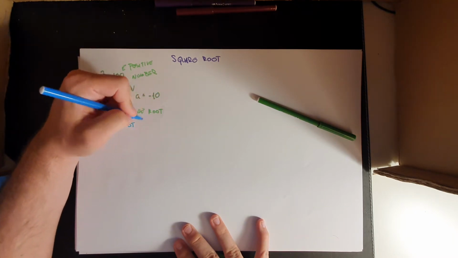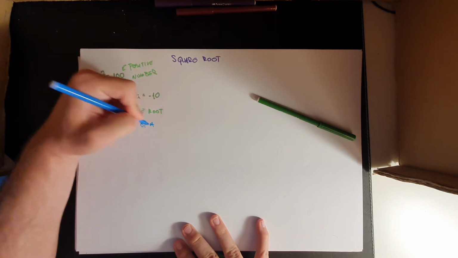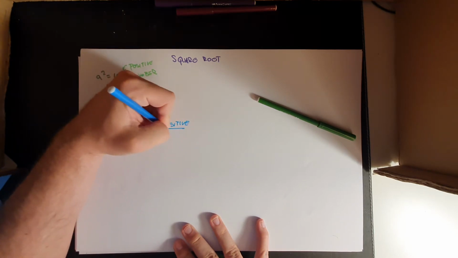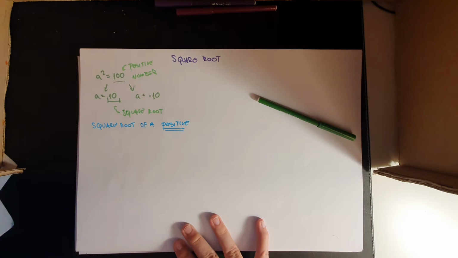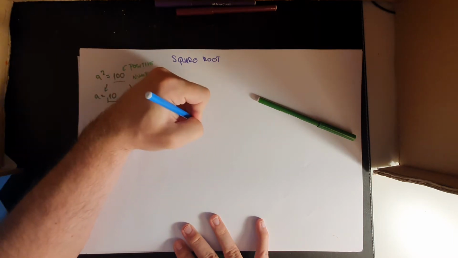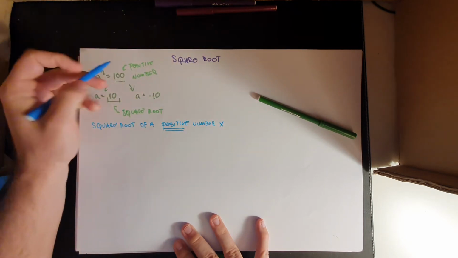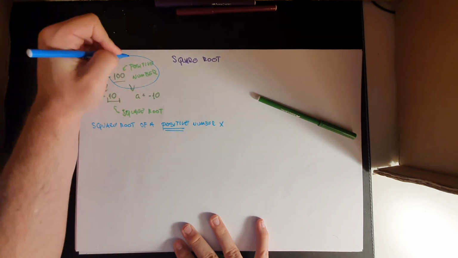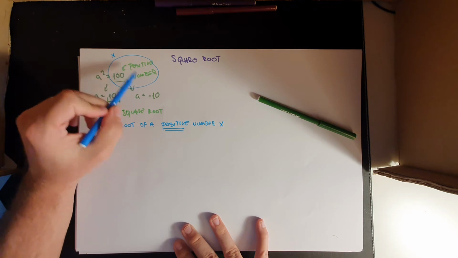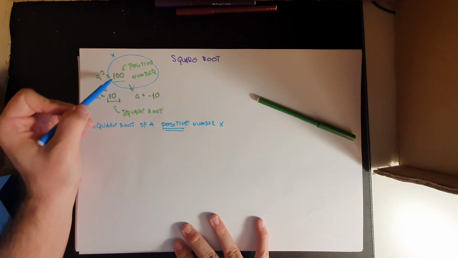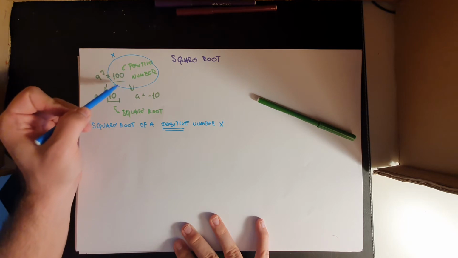the square root of a positive number, it's important when we talk about a positive number, let's call it x. Now this is going to be the positive number x. So we are looking at the square root of x. Now instead of squaring the 10, I'm going backwards. So from 100, I want to get to 10.